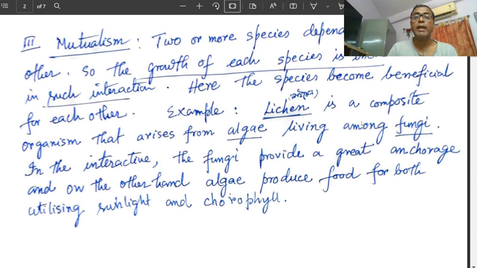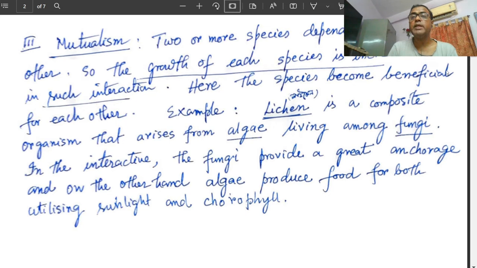Example: lichen is a composite organism that arises from algae living among fungi. In the interaction, the fungi provide a great anchorage, and on the other hand, algae produce food for both utilizing sunlight and chlorophyll.